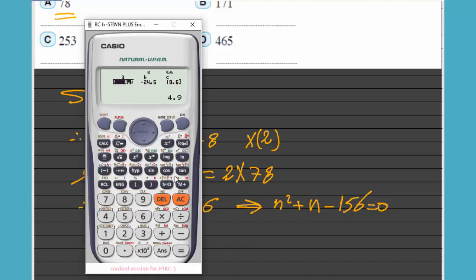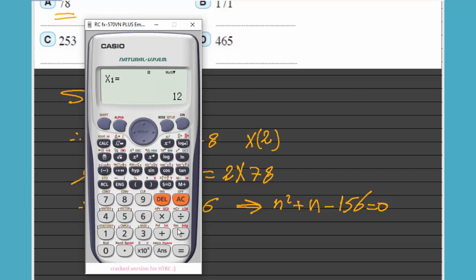So here I'll use this. The coefficient of n² is 1, right? It is a, equals 1; the coefficient of n is 1; the absolute term is −156.